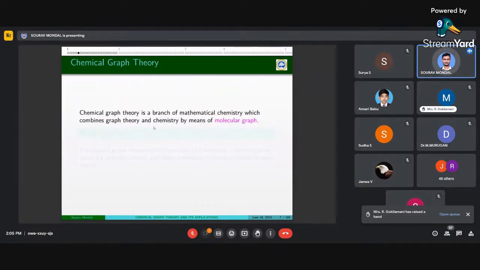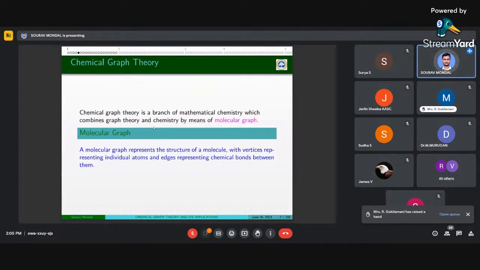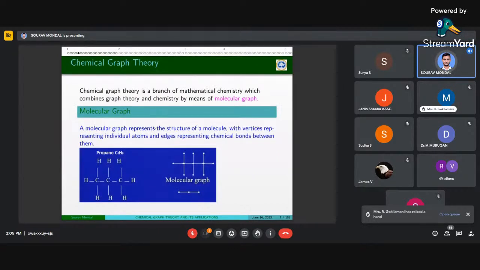A molecular graph usually represents the structure of a molecule, where nodes correspond to atoms and edges correspond to chemical bonds between them. For instance, this is the chemical structure of propane and its corresponding molecular graph. Here, nodes represent atoms and edges represent chemical bonds between them.